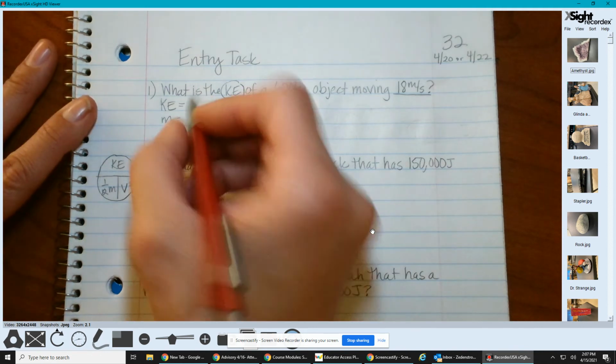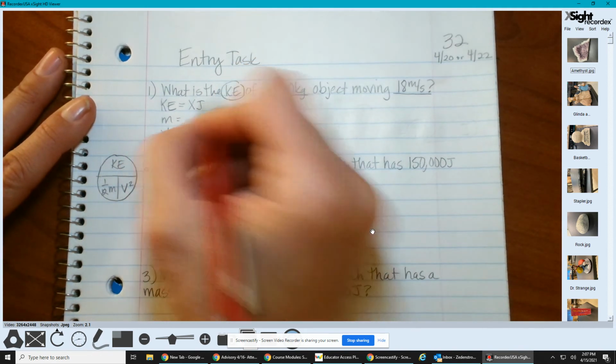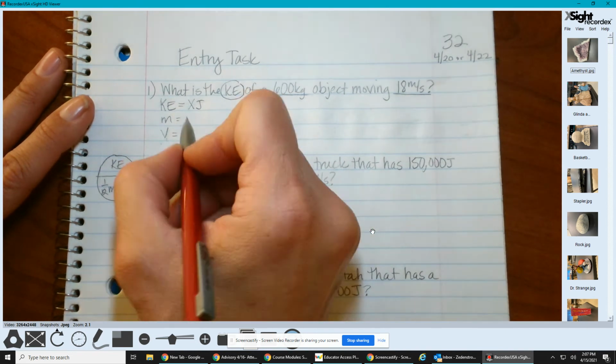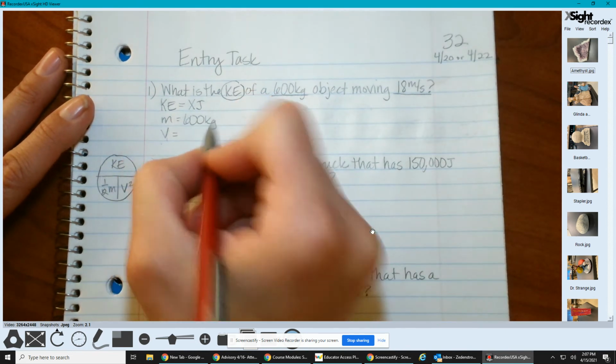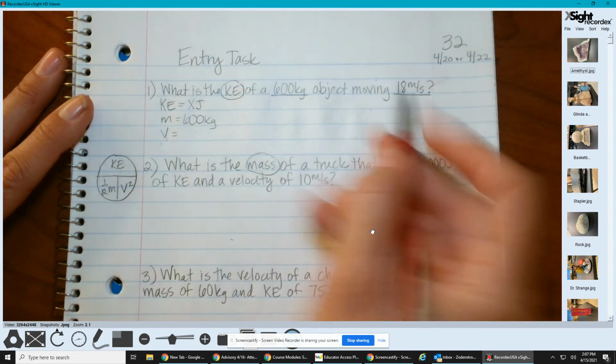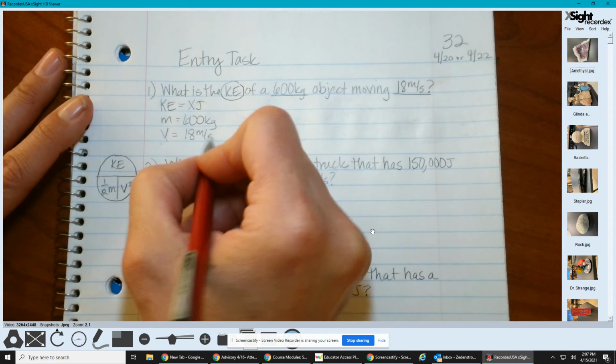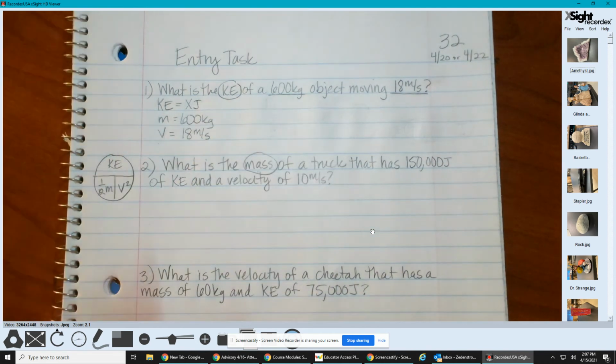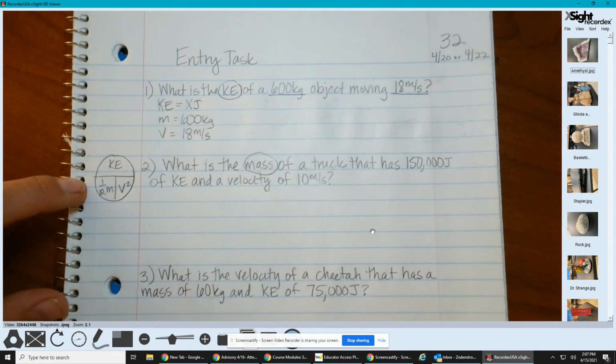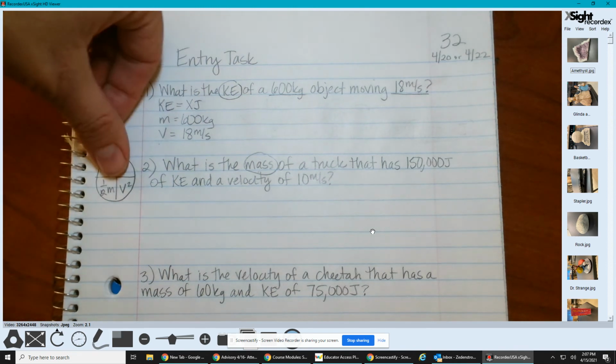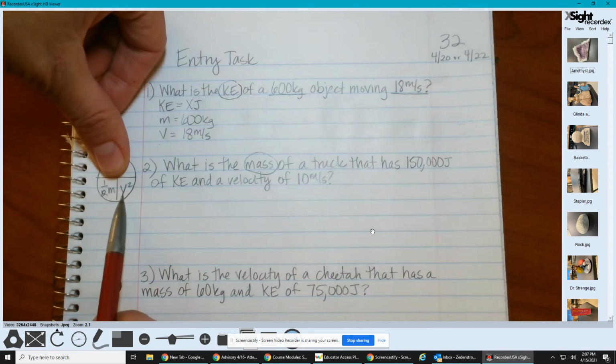So since we're looking for kinetic energy, it's going to be X joules. My mass is going to be 600 kilograms, and my velocity is moving at 18 meters per second. So I need to find out what equation I'm using. Since I'm looking for KE, if I cover it up, I have 1/2 mass next to velocity squared. That means I multiply them.